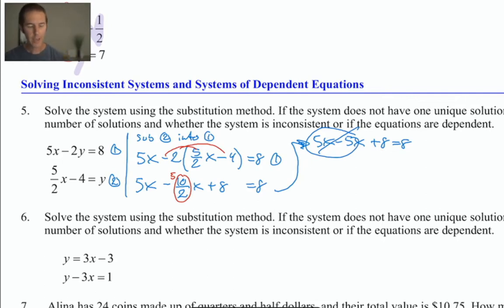But if we want the actual list of solutions, that's going to be a list of ordered pairs. Every ordered pair that's on both of these lines, which are really the same line. How am I supposed to give a list of infinitely many ordered pairs? We can list our solution like this.